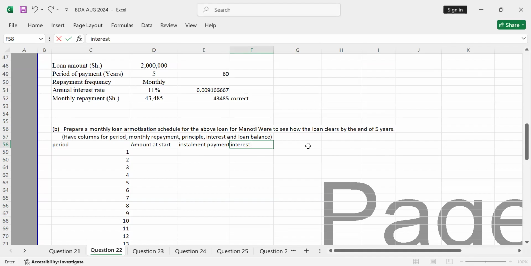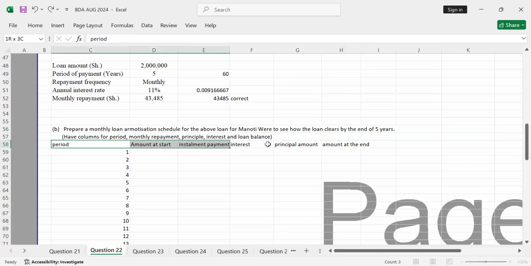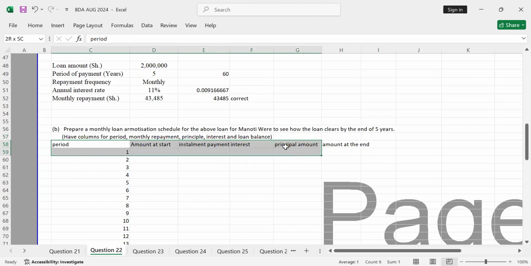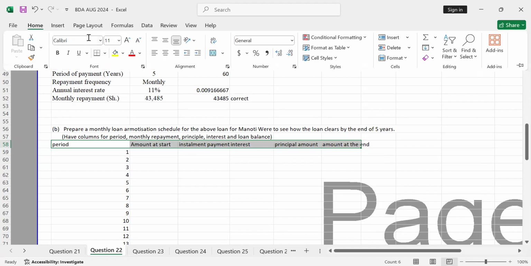Here we'll have the principal amount. Then I will have the amount at the end. That is the loan amortization, the items that we need to include in the loan amortization.